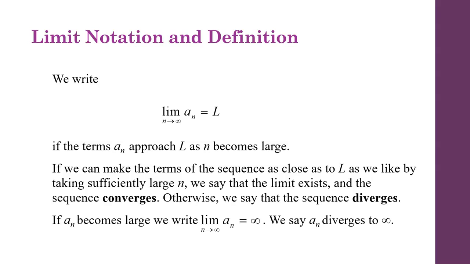And if a sub n becomes large, we say that limit as n goes to infinity of a sub n is infinite. And we say a sub n diverges to infinity. The sequence diverges to infinity. Okay, so let's look at some examples.